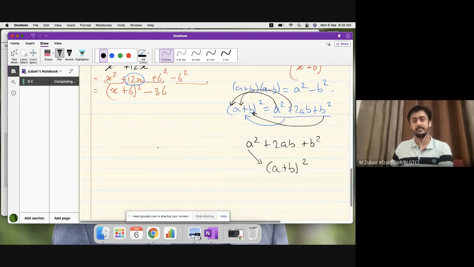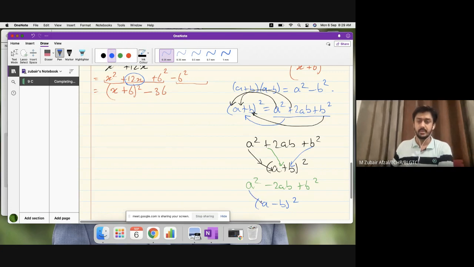Any doubts? No, sir. So we've copied this number a, then this number b, and this positive sign. And when I write it as a square minus 2ab plus b square, this is the expansion of a minus b whole square, right?